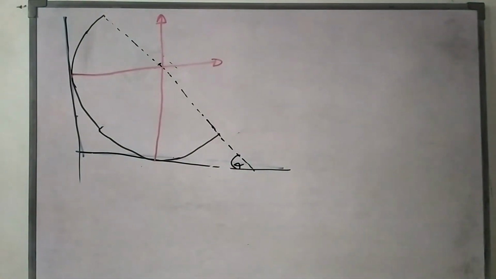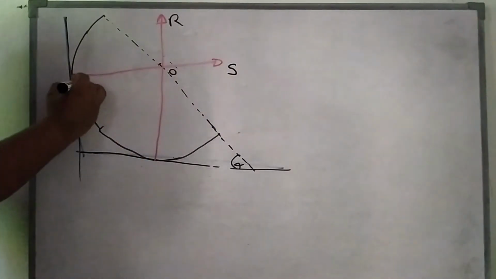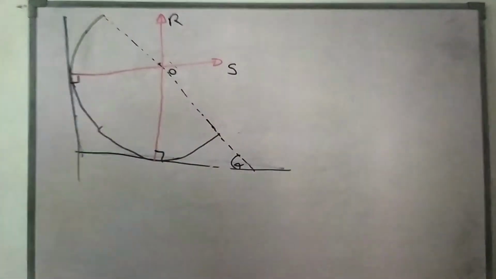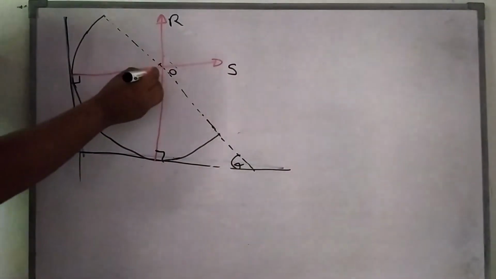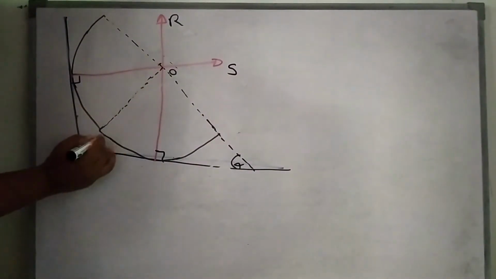These are reactions, R and S. It's perpendicular to the surfaces, through the origin.